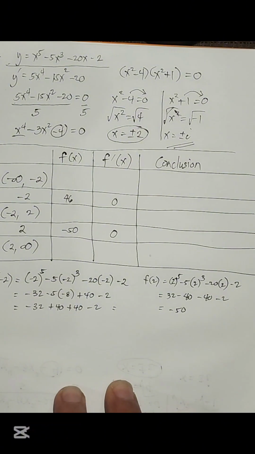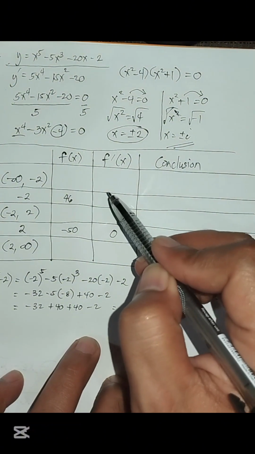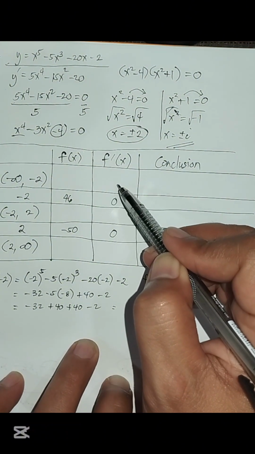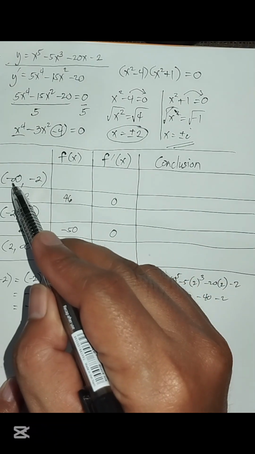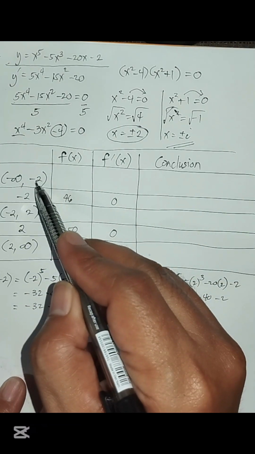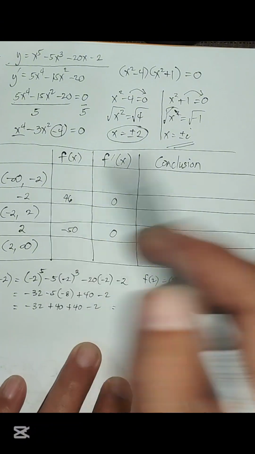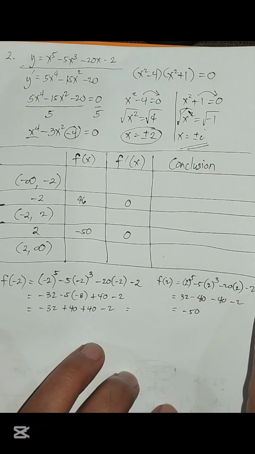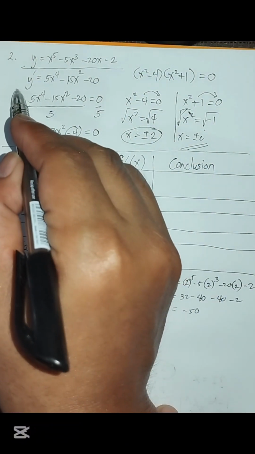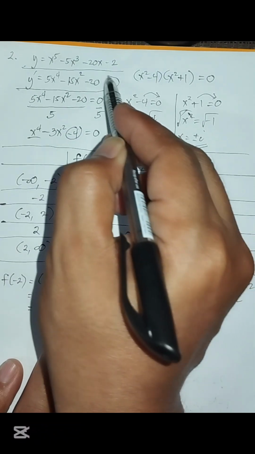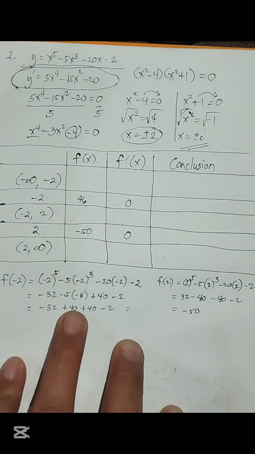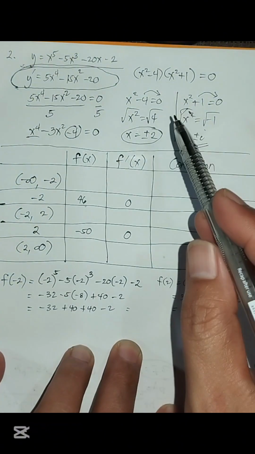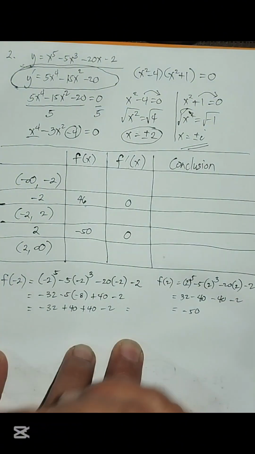So now, let's choose a number to the left, in the interval negative infinity up to negative 2. This time we will use the derivative, y prime. Let's substitute, or we can use the factored form.